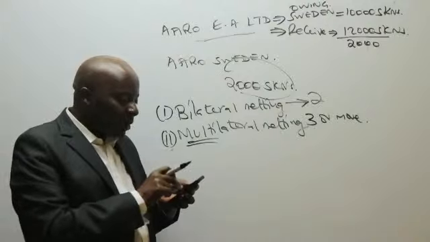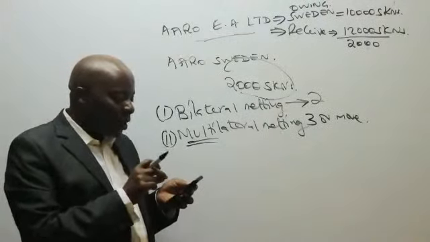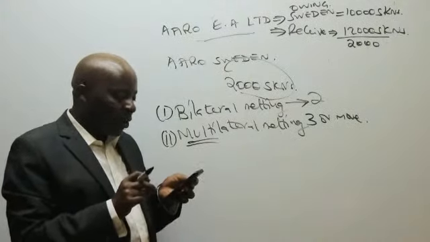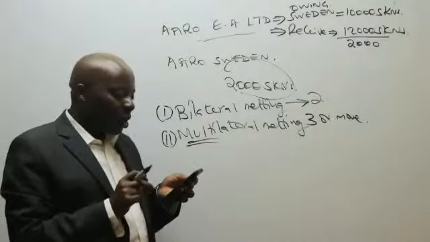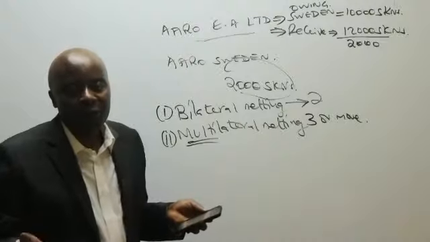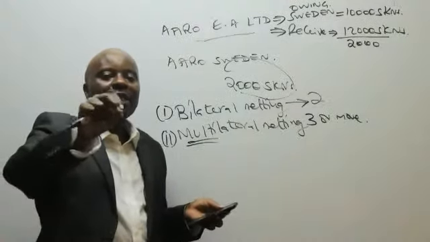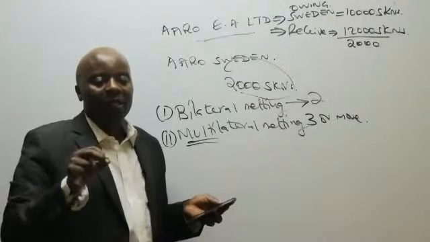On 30th September, Barlow owed Orange 650,000 Swiss francs, and Orange owed Barlow 450,000 Swiss francs. So you can see two subsidiaries that have some internal owings. They owe each other.